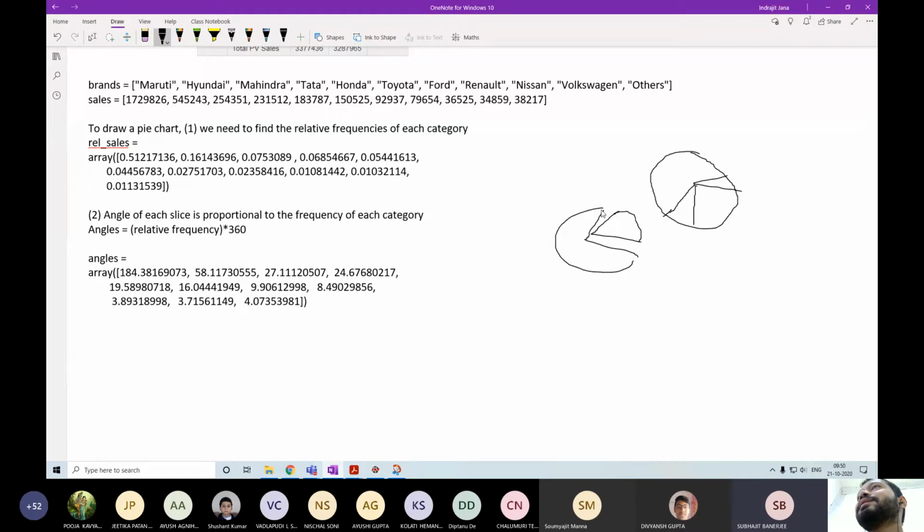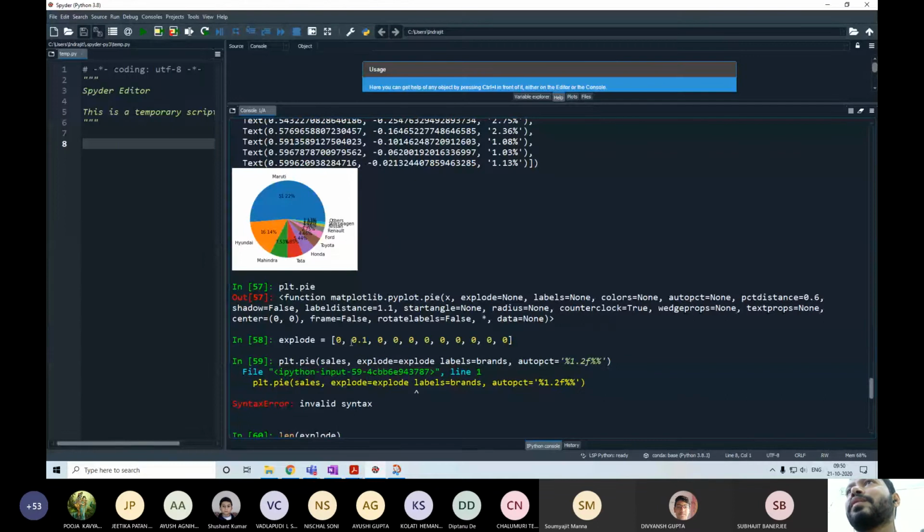Basically, it is how much you want to push it outside. 0 means all are intact, and then you give a number between 0 and 1 that gives how much you want to push it outside, and for which category. So I am supplying 0.1 for the second category. I wanted to push this Hyundai one a little bit outside.